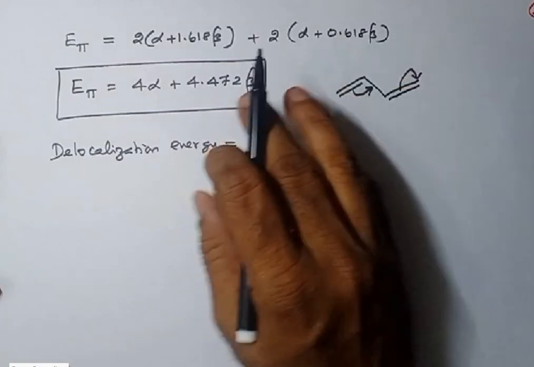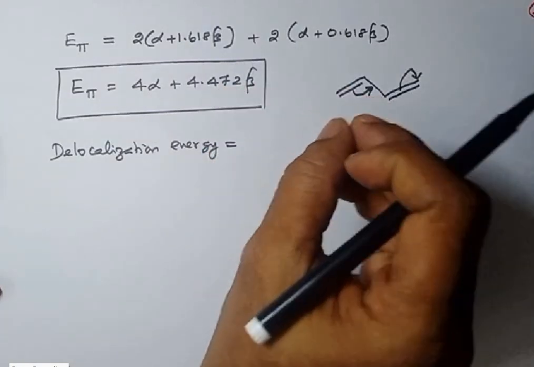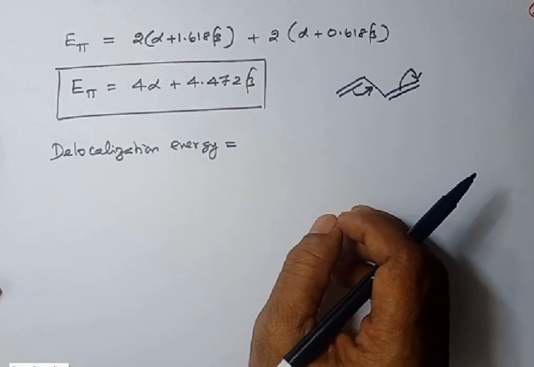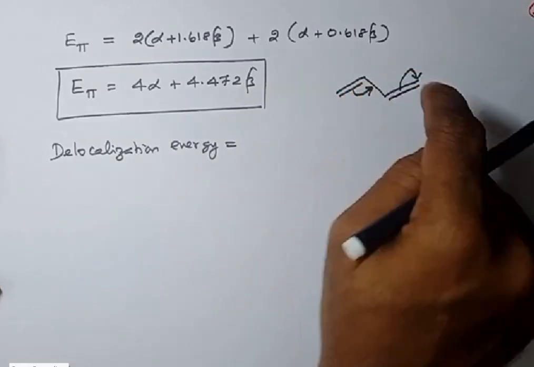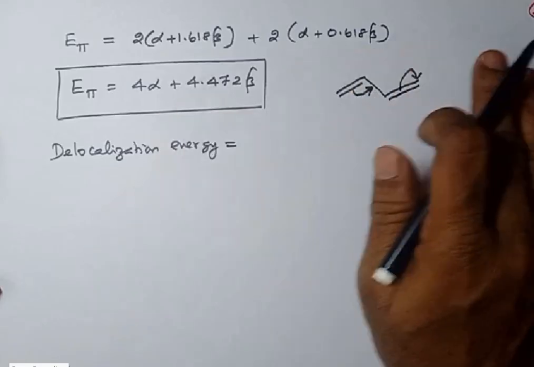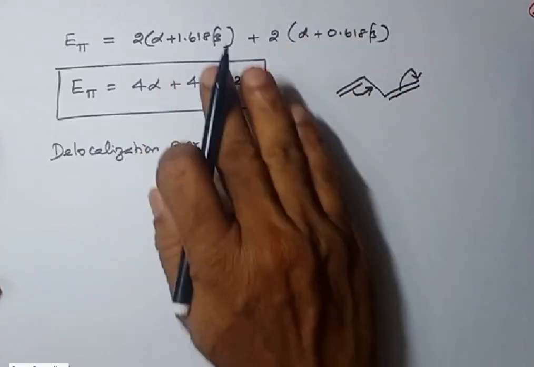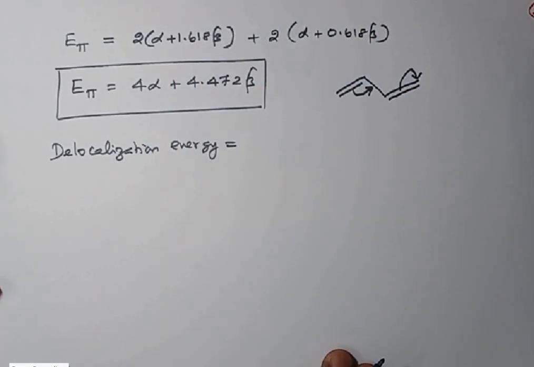So, pi electrons are delocalized. They are not localized on one carbon. We have 4 pi electrons. Don't think that each pi electron is localized on one carbon. No, the pi electrons are delocalized over all the 4 carbon atoms, all the molecular orbitals.